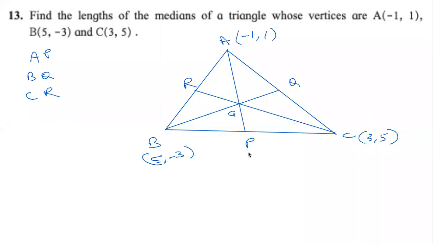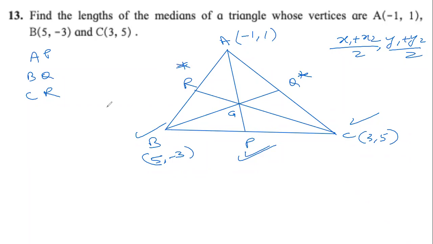Using the midpoint formula, we can find the coordinates of P. What is the formula? X1 plus X2 by 2 and Y1 plus Y2 by 2. So using B and C as the 2 points, we can find the midpoint P. Using A and C as 2 points, we can find the midpoint Q. Using A and B as 2 points of the line segment, we can find the midpoint R.